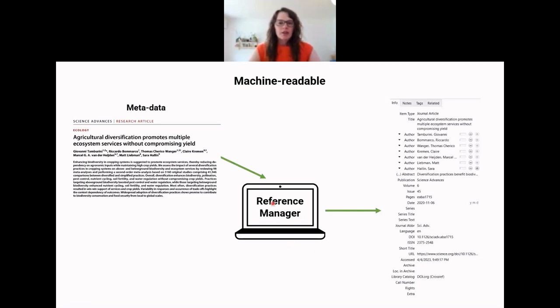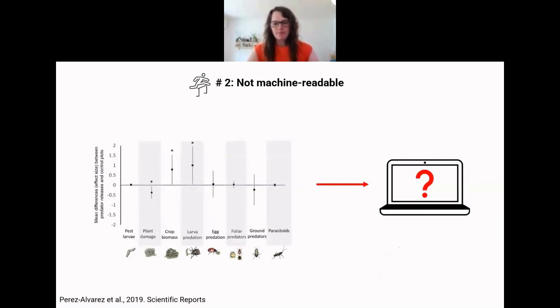While we have a number of great reference managers like Zotero and others, where you can upload a PDF to the computer, and the computer reads, extracts, and organizes the metadata of the paper, such as the title or the author list or the publication, into this nicely structured format, most of the results remain out of reach for machines. You can't feed a PDF into a machine and expect it to process and structure the vast majority of information, because this information is not machine readable.